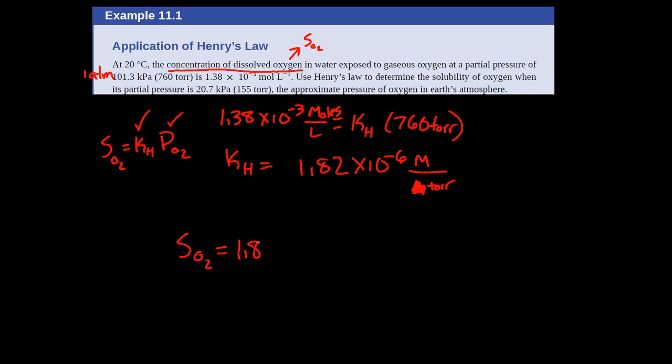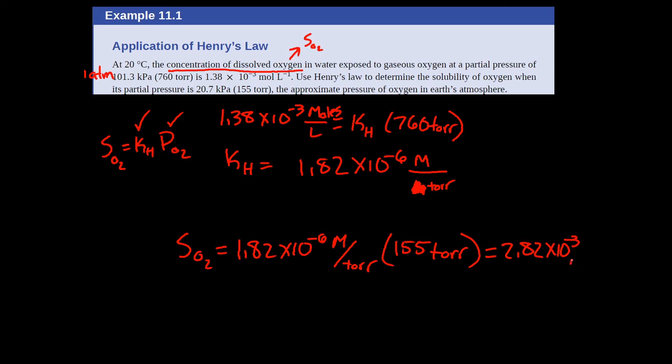That is going to be 1.82 times 10 to the negative 6 molar per torr, multiplied by the pressure, which is 155 torr. And that will give me, let's see, I'll put this in scientific notation, 2.82 times 10 to the negative 3 molar.